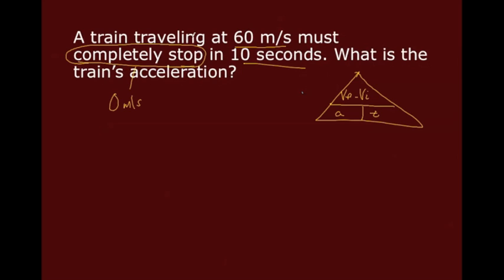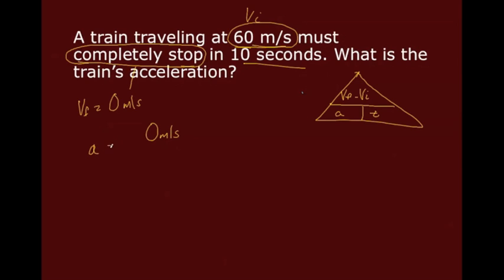Okay? So it's initially traveling at 60 meters per second. So its VI is 60. All right? Its final velocity, its VF, is 0 when it completely stops. And it's going to take it 10 seconds. So they ask us what the acceleration is. So our VF is 0 meters per second.